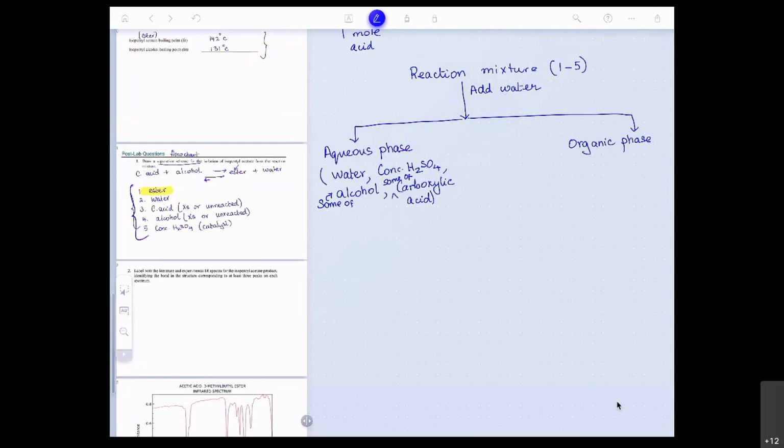I don't want you to think that we have successfully removed all of them. Now, this phase is going to contain your ester. It's going to contain your carboxylic acid, a lot of it is going to be there, and maybe even your alcohol. But it's definitely not going to have water and concentrated sulfuric acid. This one is discard. We don't need this.